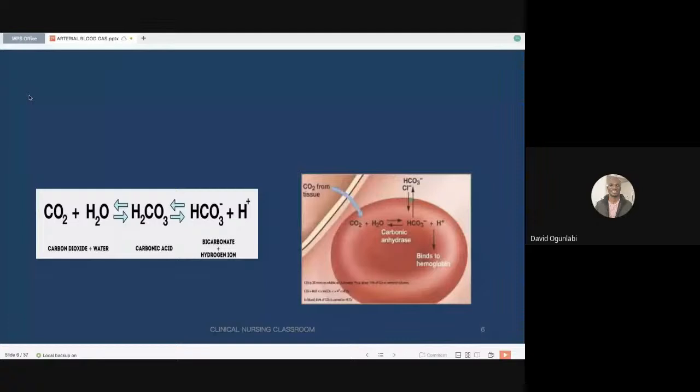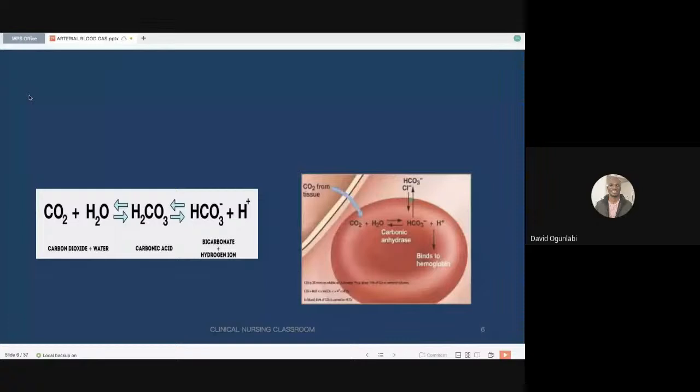When this reaction takes place, it forms carbonic acid. So the accumulation of carbonic acid in the body makes the body go into acidosis.